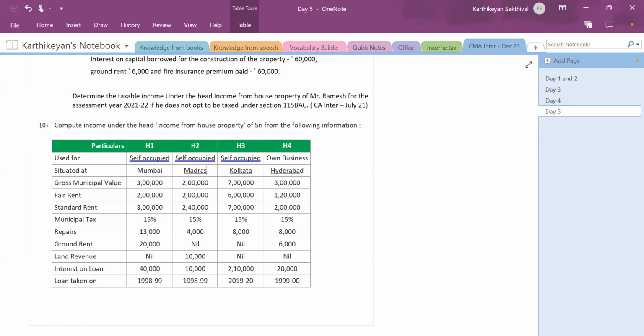Standard rent: 3 lakh, 2 lakh, 2 lakh 40,000, 7 lakh, 2 lakh. Municipal tax: 15%, 15%, 15%, 15%. Repairs: 13,000, 8,000, 8,000. Ground rent: 20,000, nil, 6,000. Land revenue: nil, 10,000, nil. Interest on loan: 40,000, 10,000, 2 lakh 10,000, 20,000. Loan taken in 1998-99, 1998-99, 1990-2000.